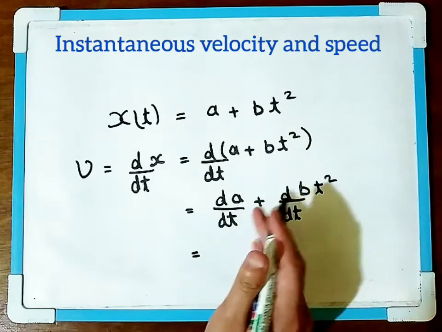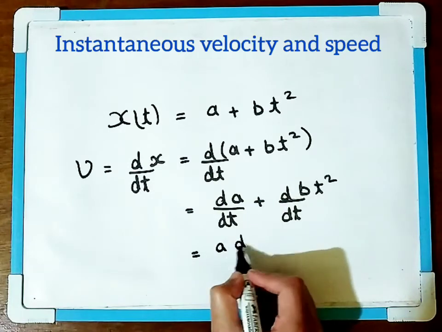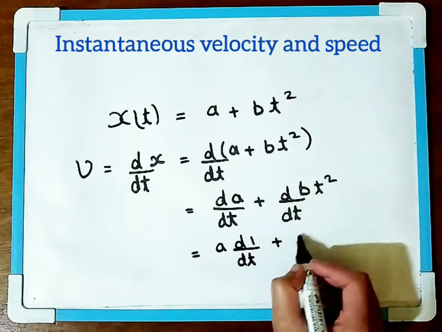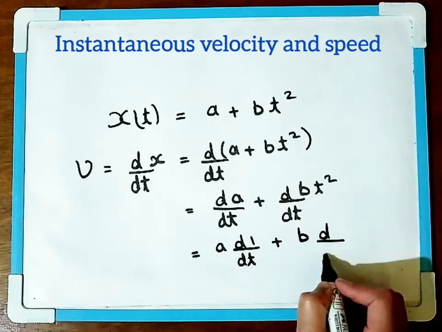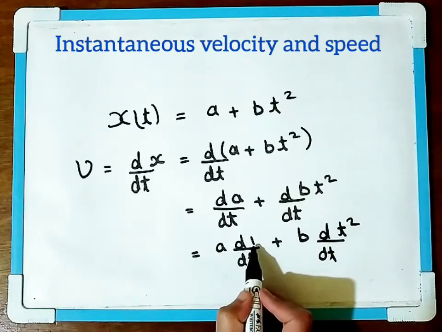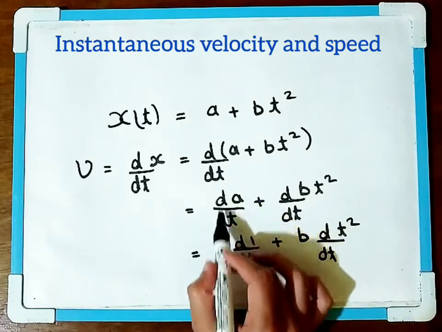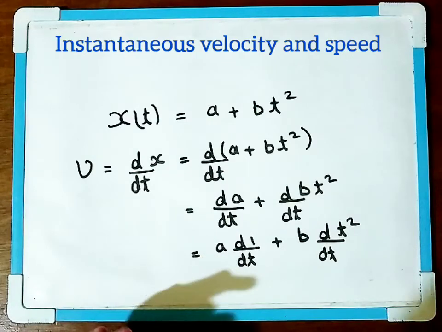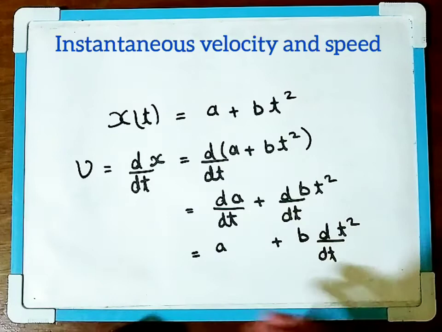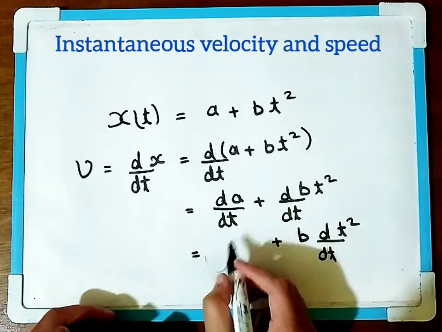Now a is constant, you don't differentiate this one, so what you have is a d/dt of 1, and here also this is a constant, you have b d/dt of t square, and recall d/dt of 1 is equal to 0, and in fact d/dt of any constant is equal to 0. So this one will be equal to 0, and 0 into anything will be equal to 0.